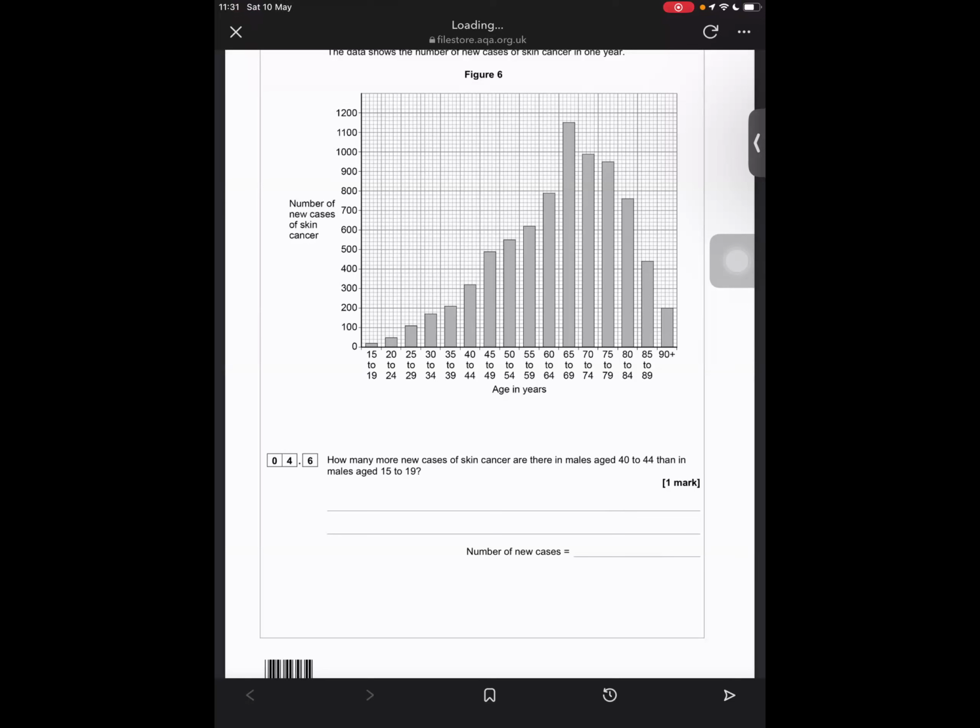And then you will see that it reduces as they grow older because obviously they will be going out less, so they are not really as exposed to the sun as before. I don't know if that can be considered as one conclusion, but yeah. So what does the marking scheme say for that before we move on?